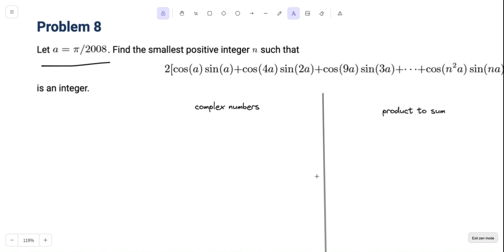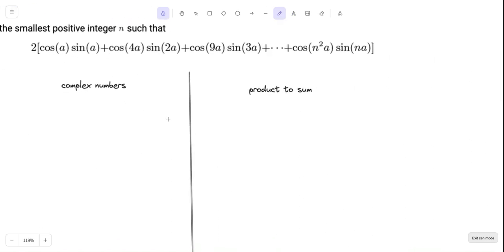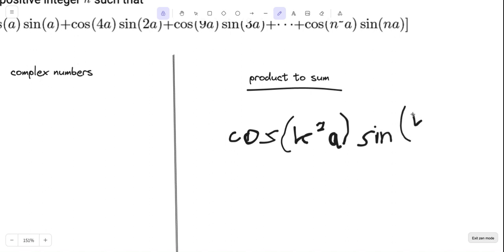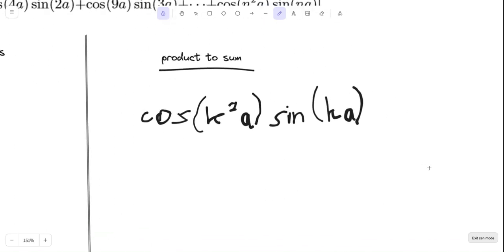So first of all, product to sum: we have the general term being cosine of k squared a times sine of ka.